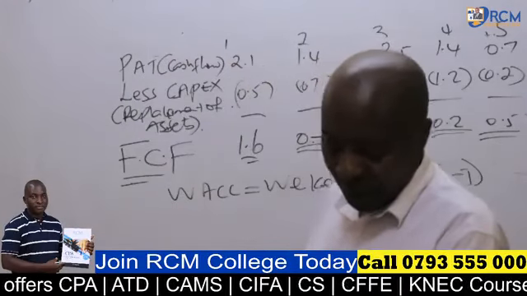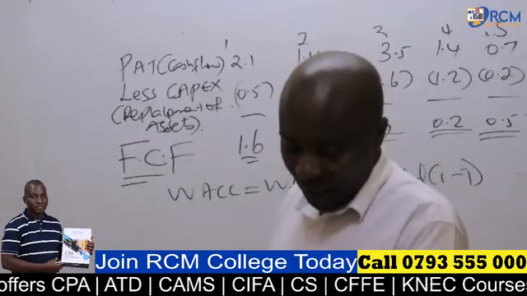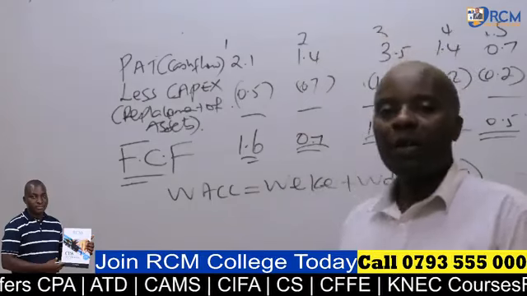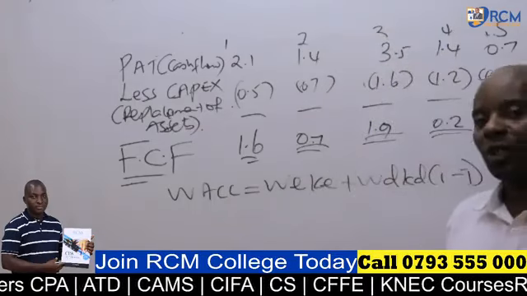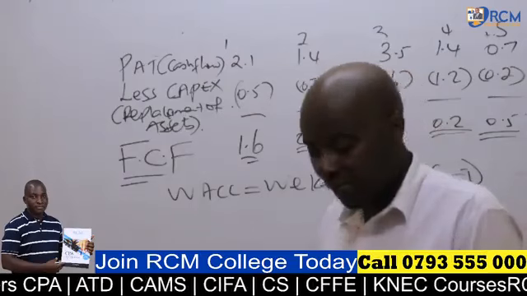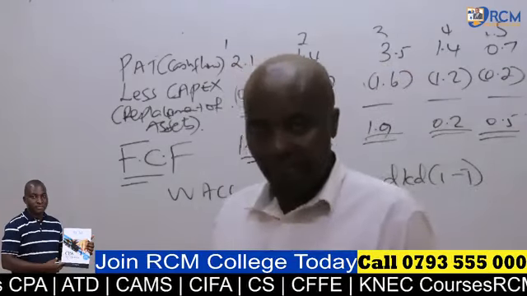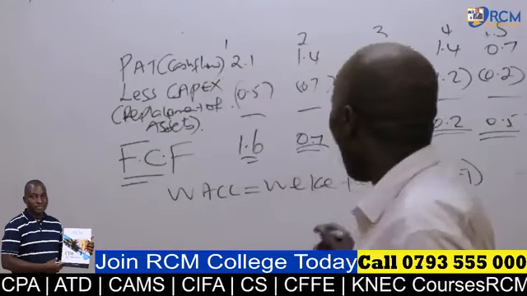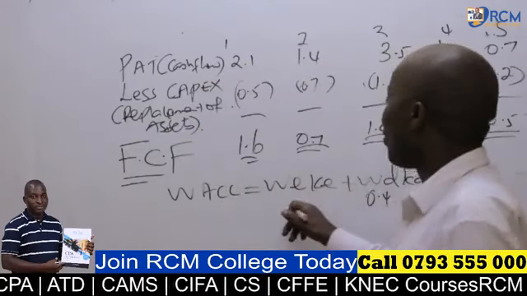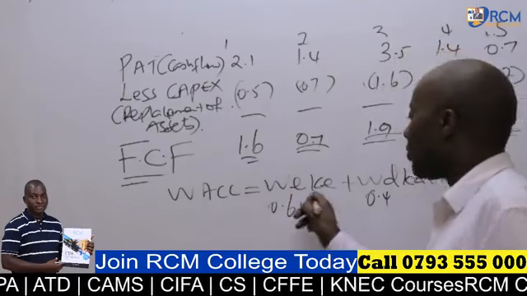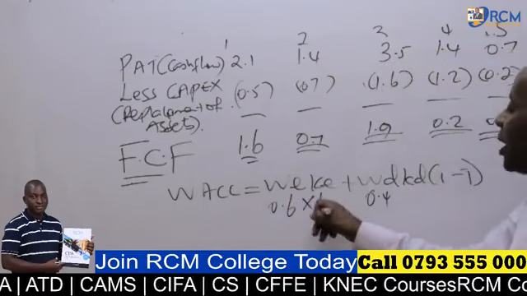There is a place where they gave us the gearing ratio of 40%. Whenever you hear of gearing ratio, straight away you know that gearing ratio is the same as weight of debt. So weight of debt is 0.4, and then weight of equity will be 0.6 times cost of equity.